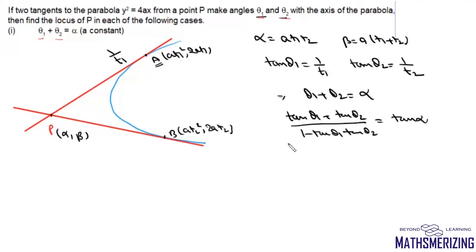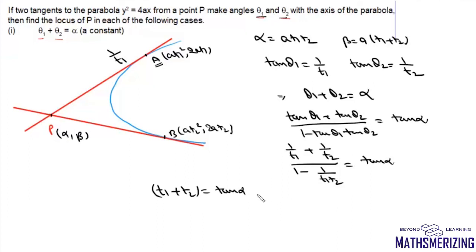So we'll write (1 upon t1 plus 1 upon t2) upon (1 minus 1 upon t1 t2), and this is equal to tan alpha. So we can write it as t1 plus t2 is equal to tan alpha times (t1 t2 minus 1).